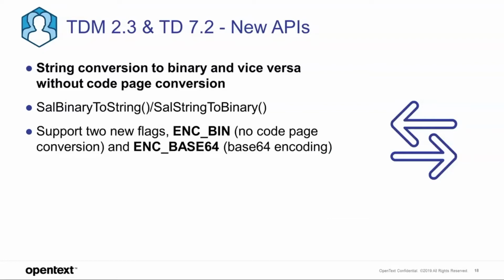There is a new flag, encoding binary, which does not do any code page conversion, so the data won't get touched. And a new one for encoding base64. This has been requested. I think the first one, encoding binary, is very important, so your string contents don't get touched by code page conversions.